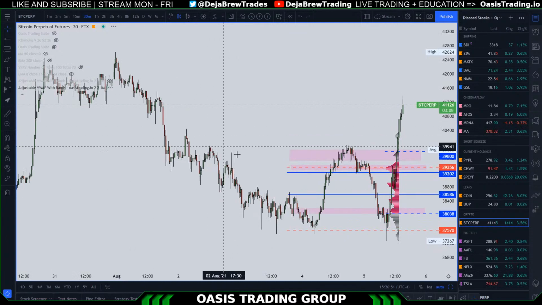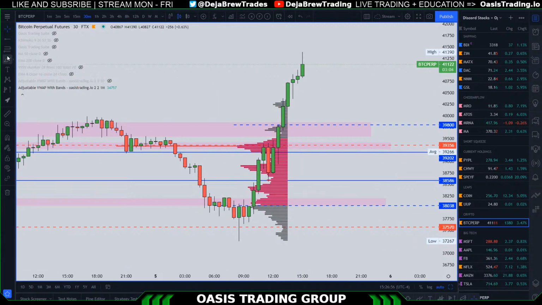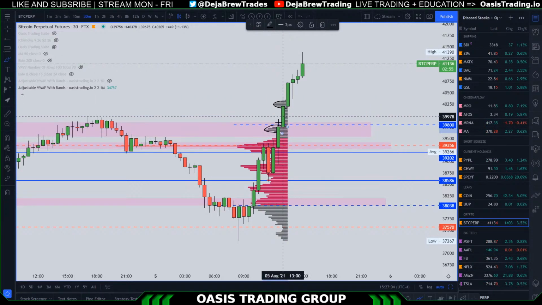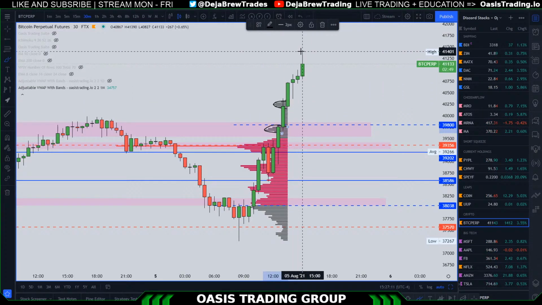You can go back further and grab more levels, but you can also look at today's profile. So today's profile is generating support nodes. So you have a support node there, and you have a support node there. So as long as Bitcoin continues to stay above those support nodes, it's bullish. It's that simple, right?